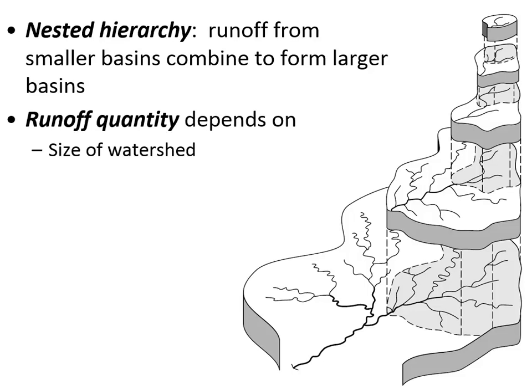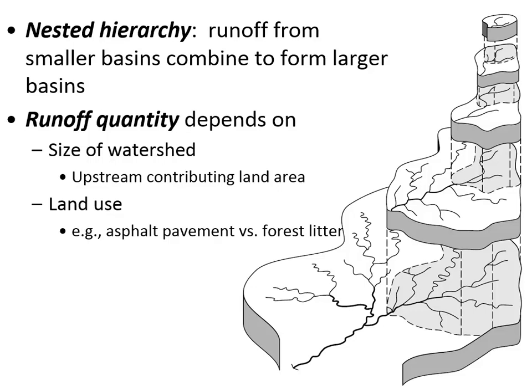And how much runoff you see at an outlet is partly due to the size of the watershed, but it's also due to other factors like the land use that is being applied in the watershed, the types of soils that you have, whether they're maybe sandy or gravelly soils versus clay soils, which don't allow as much infiltration.